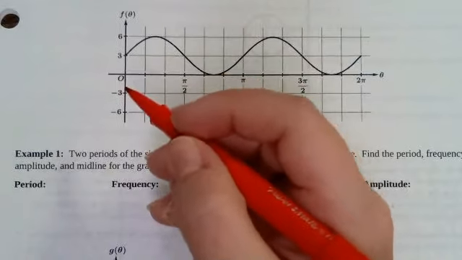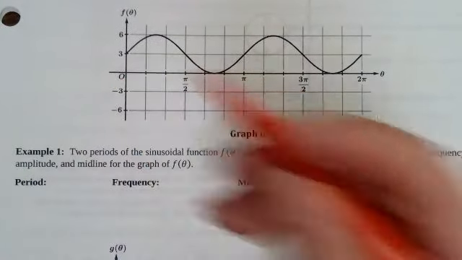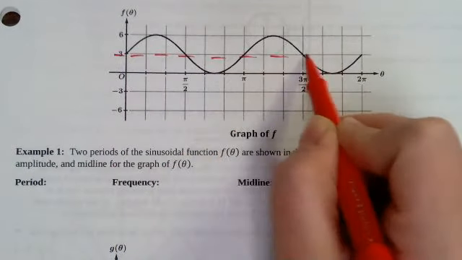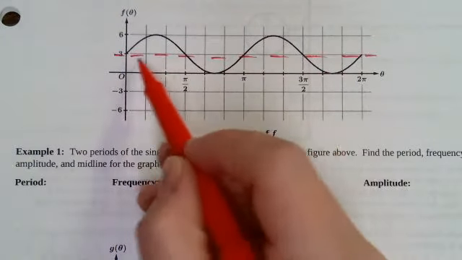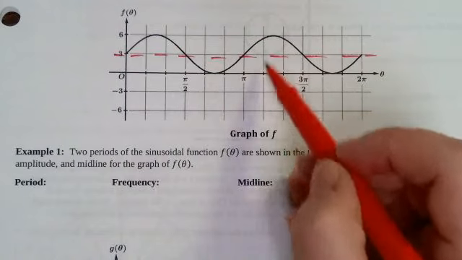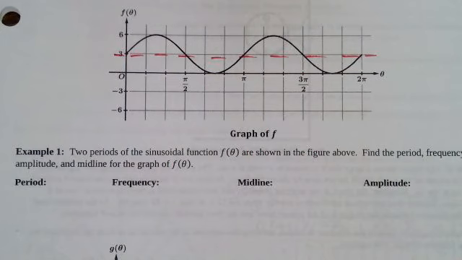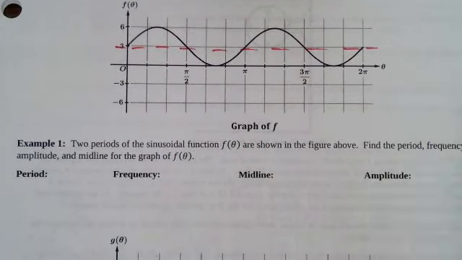If I was going to have to write the equation of it, I would prefer to start off by calling this a sine function, because this midline cuts it in half, and it starts on the midline and goes up. To me, that's more reminiscent of the sine function. Again, that's not really important for this question, but just for future reference.